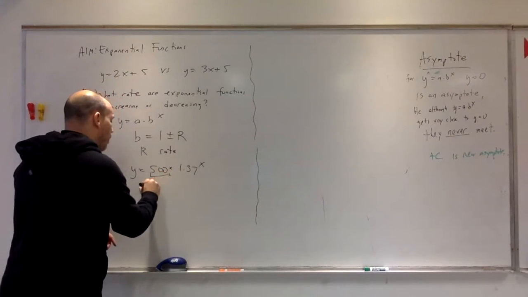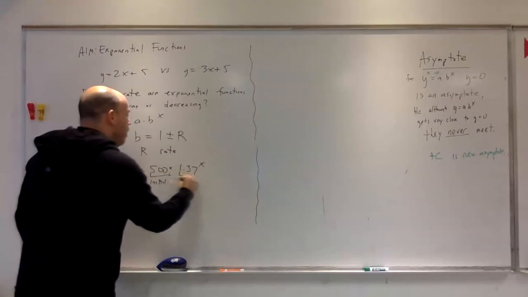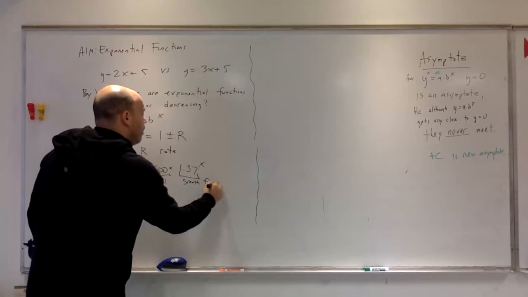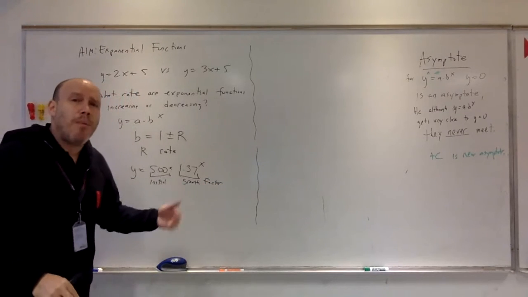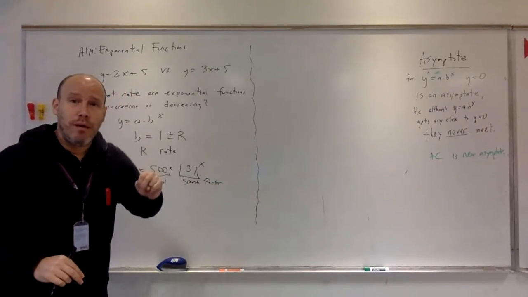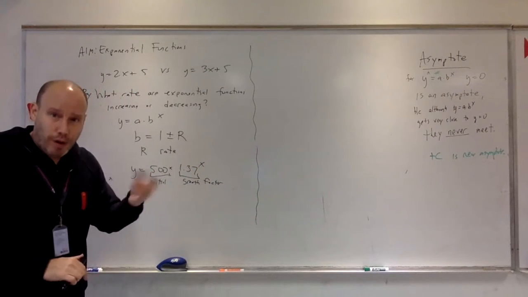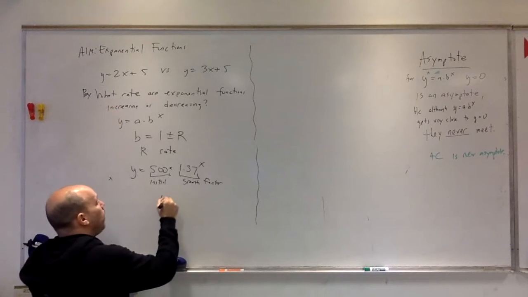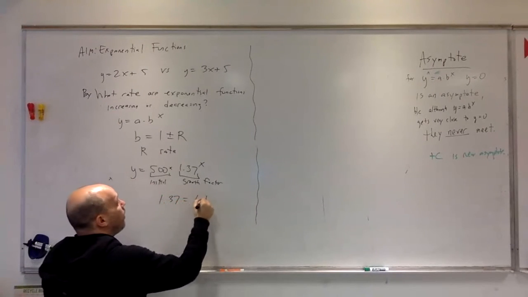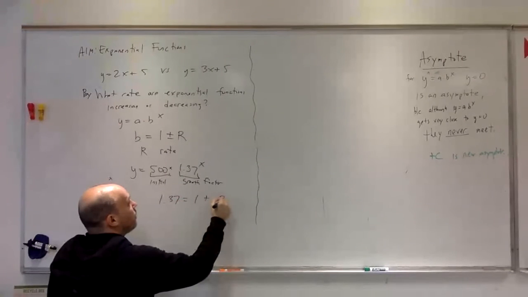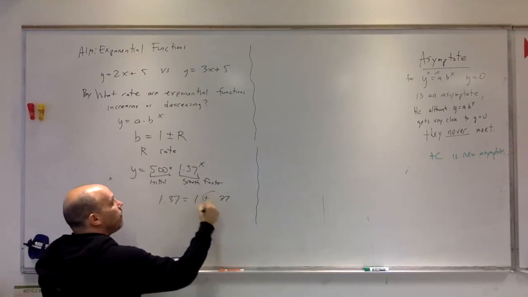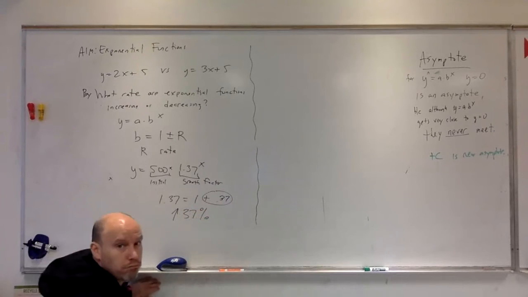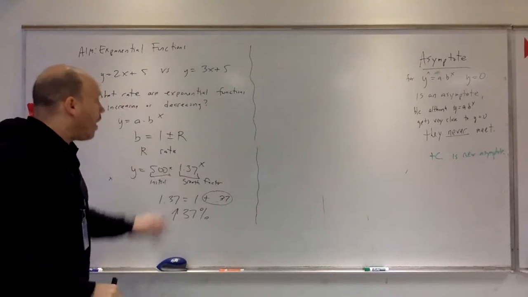So this is the initial value, and this is the growth factor. But I want to know by how much it's changing. I know 1.37 is greater than 1, so it's increasing, but by how much? So I'm like, okay, 1.37 is equal to 1 plus 0.37. It's increasing by 37%. And that's what this number tells us.